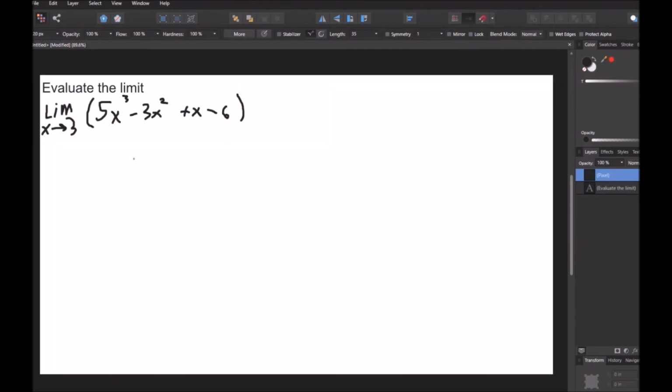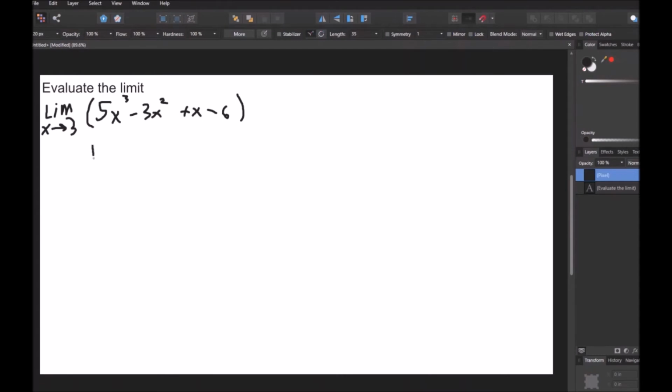Okay, so in this next problem we're asked to evaluate the limit, and the limit we're given is the limit as x approaches 3 of 5x cubed minus 3x squared plus x minus 6. What you're going to want to remember for this is the direct substitution property, which says if you have a rational or polynomial function and you're trying to take the limit of it, you can just directly substitute the limit into the problem. Because I know from this we're not going to get some sort of not real answer or an undefined answer.